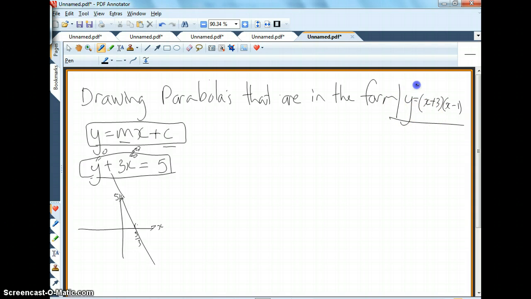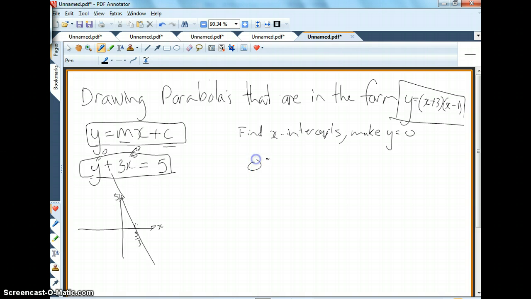We're going to use a very similar method to that for parabolas. If I just take this example as my example, x plus 3 and x minus 1, if I was to find the x-intercepts, what do I make y equal to? Thank you, y equal to 0. X-intercepts, make y equal to 0.